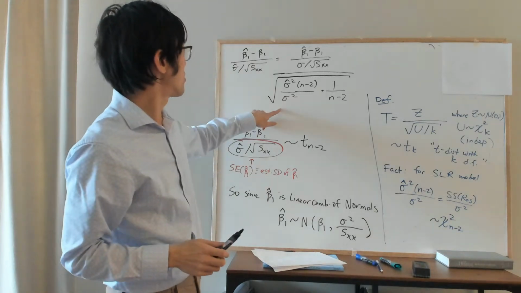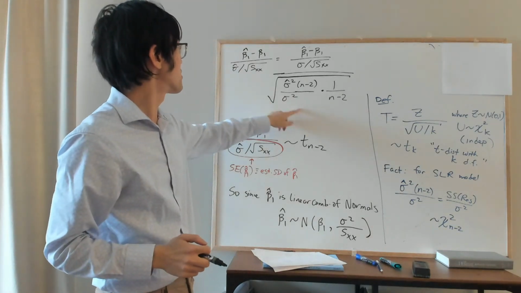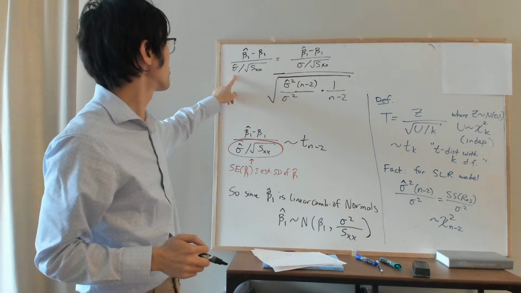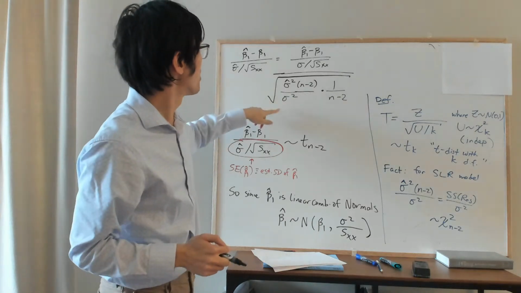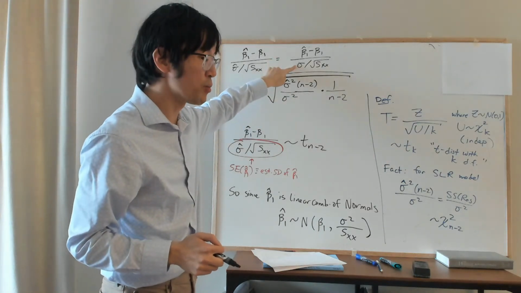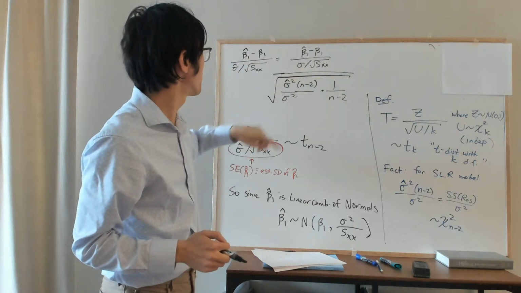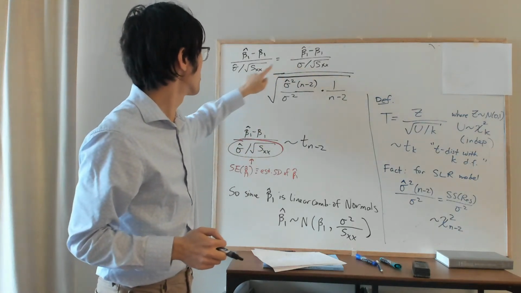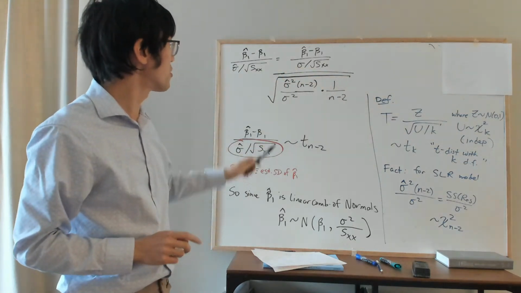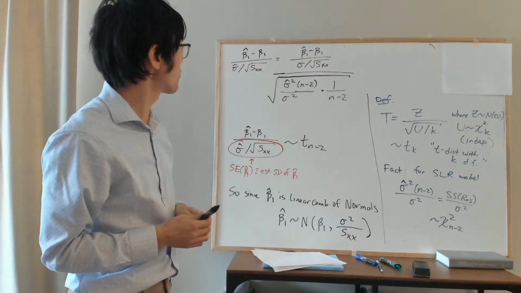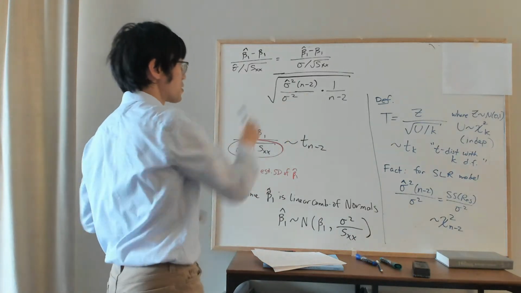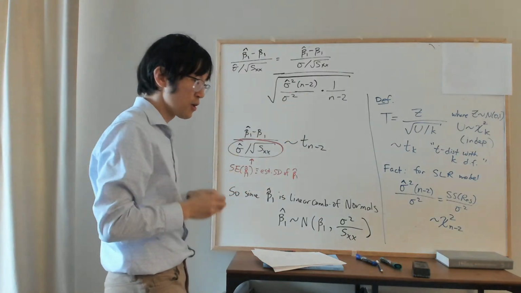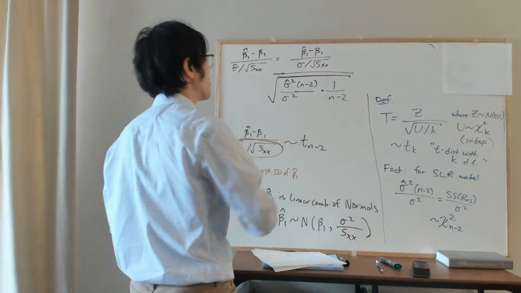Okay, so with that, we can convince ourselves that this is in fact equivalent. The only thing we've done here is move things around, and then we divided by sigma in both the numerator and denominator. So therefore this cancels out to the left-hand side. And the reason for this expression is now we can see where the t distribution comes from.